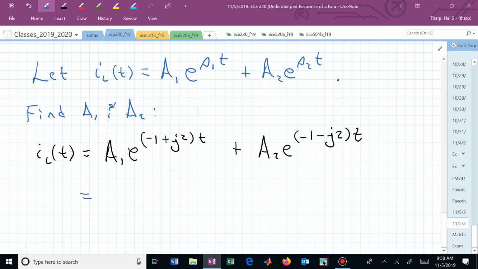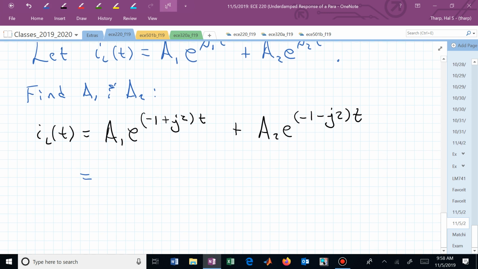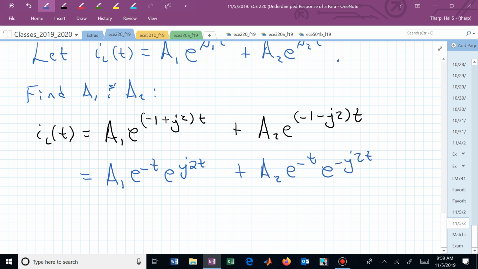And now we get to play with our math knowledge. We know that powers in the exponent allow us to factor those terms, so we can rewrite this as a1 e to the minus t e to the j2t plus a sub 2 e to the minus t e to the minus j2t.